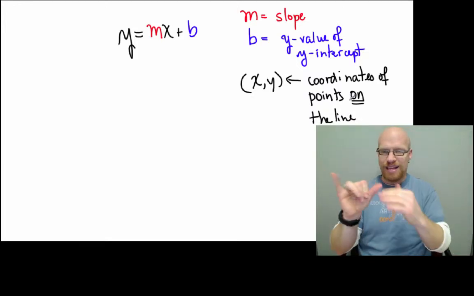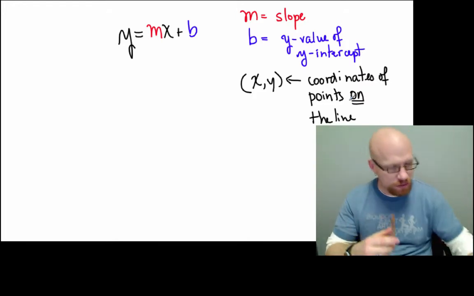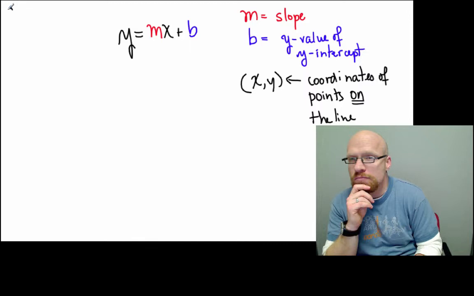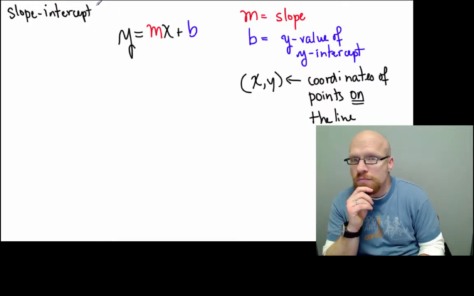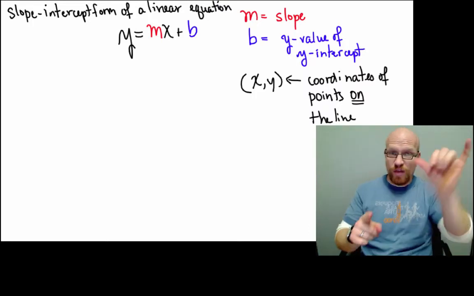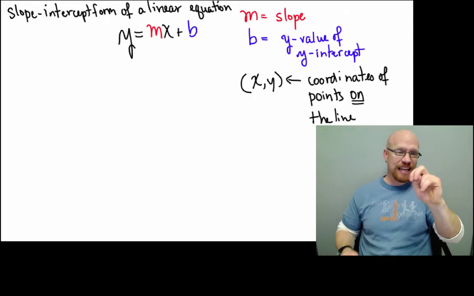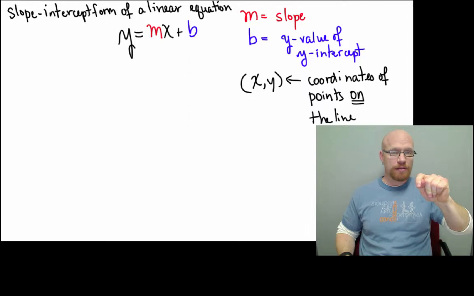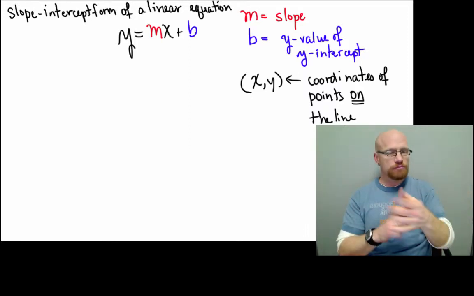So I wrote that out. See, y equals mx plus b. That's called the slope-intercept form of a linear equation.